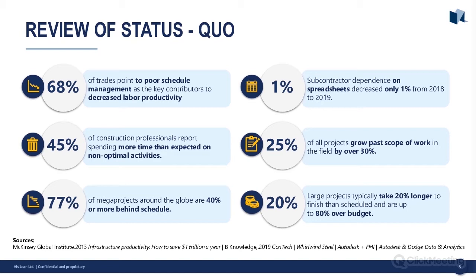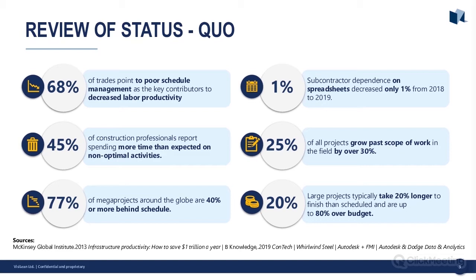25% of all projects grow past scope of work in the field by over 30%. We're all aware of variations, changes, and client requirements changing. How do we manage that process, become more efficient, and mitigate the impact of those changes? It's something we'll touch on in this webinar series. And lastly, and probably most alarmingly, large projects typically take 20% longer to finish than scheduled and are up to 80% over budget.